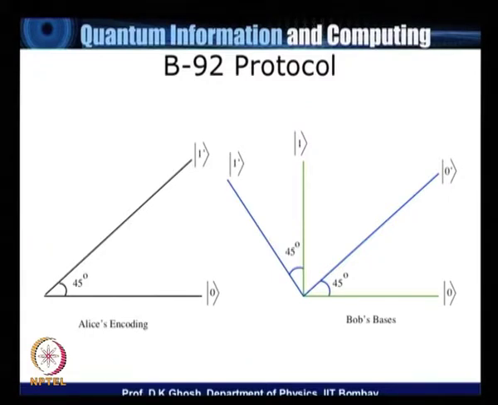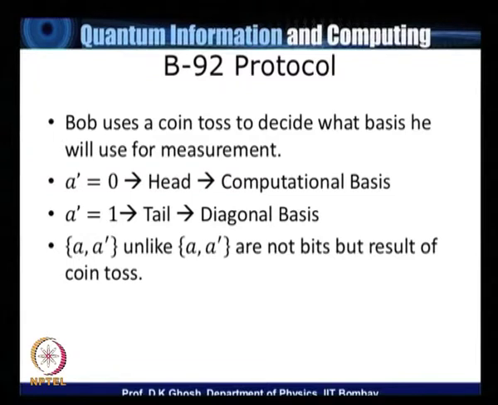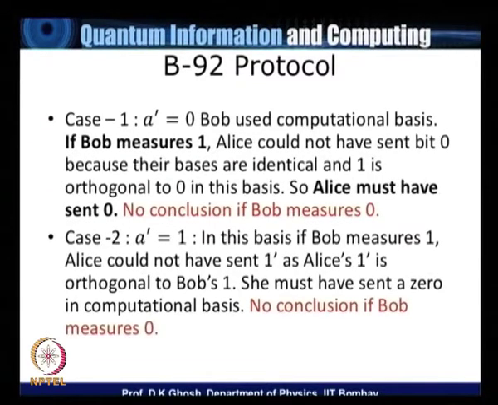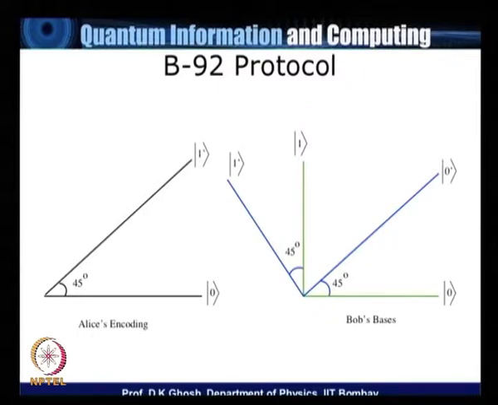Now let us look at the first case. Suppose Bob used the computational basis to measure. Now Bob in the computational basis could measure either 0 or 1. So let us look at the picture again. Now if in the computational basis, which is 0 and 1, suppose Bob measures 1.